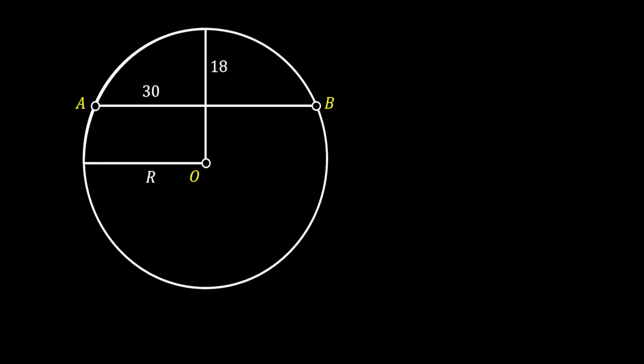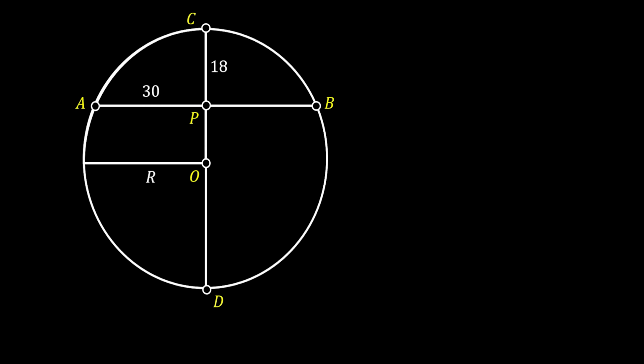Of course, we're also going to extend our vertical radius downward, and we're going to get another chord, which is also the diameter of our circle, and let's label it as CD. Finally, let's label the intersection point between our two chords as P.